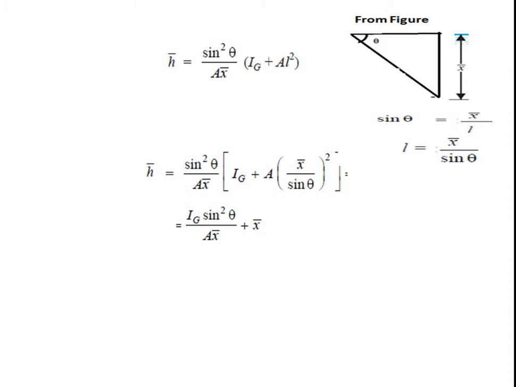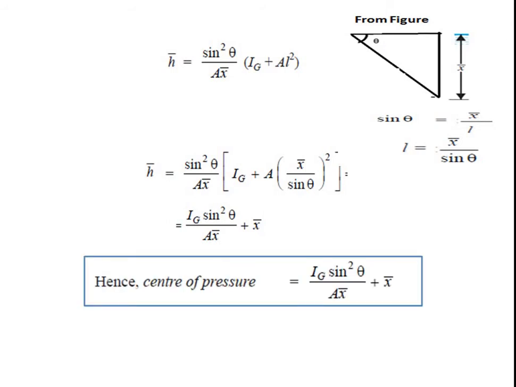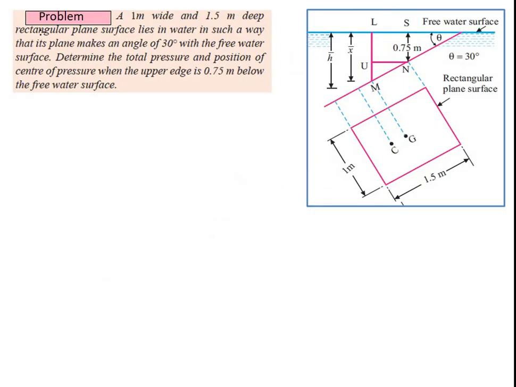Therefore the center of pressure h bar can be given as h bar is equal to Ig sin square theta divided by A x bar plus x bar. So this is the methodology to calculate the center of pressure and total pressure on inclined surfaces. The value of total pressure is the same, only the formula for calculating the center of pressure is different for every section. Okay. Now we'll consider some problems for study here.